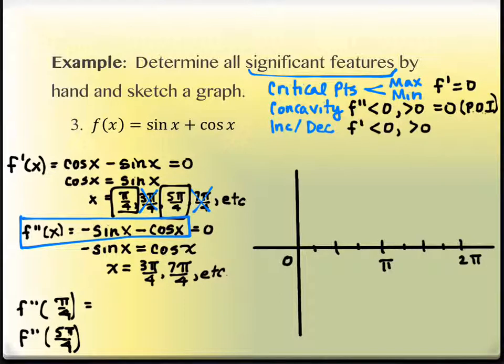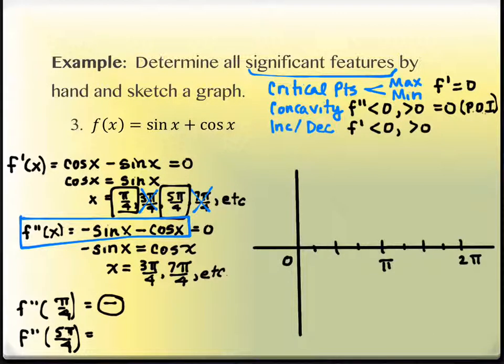So when I plug in pi over 4 into negative sine x minus cosine x, do I get a positive or a negative? I get a negative, because sine of pi over 4 and cosine of pi over 4 are both positive, and then I've got negatives in front of both of them. If you weren't so sure, you can grab your calculator, and it will tell you the same thing, with an actual value to it. You're going to get a negative value here.